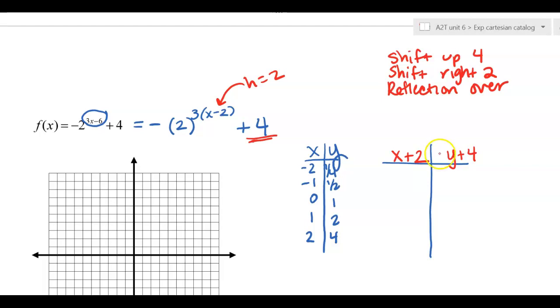So what we're going to see is it happening here. If you change the sign of a y value in a point, which axis do you reflect that point over? The x-axis. Okay. All right, what else? Somebody else give me another transformation that's on here. So we've addressed the 4, the 2, this negative.